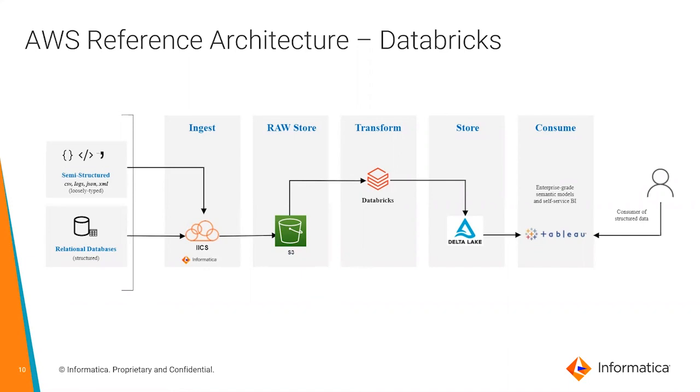As I mentioned, there can be a wide variety of patterns that can be implemented with various tech stacks. However, Cloud Data Governance and Catalog can be pointed to any of these hops, either with the raw layer or transform or storage layer or consumption layer or with on-premise sources to get the complete visibility of the data inside the AWS landscape over here.